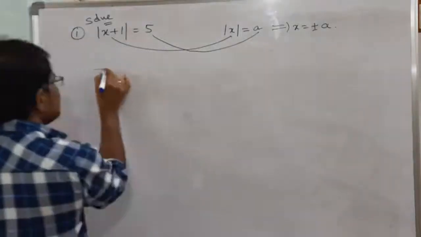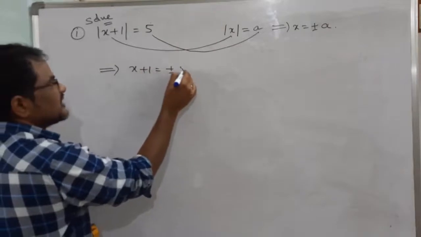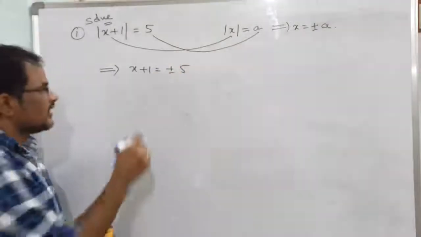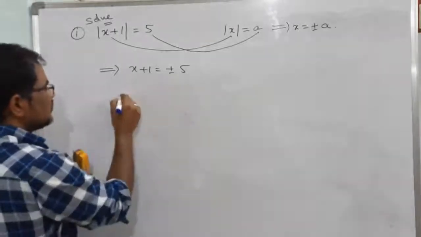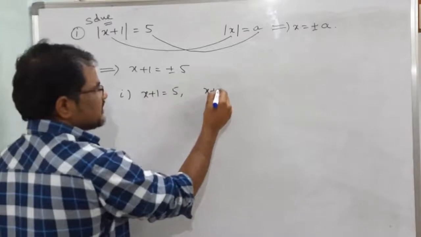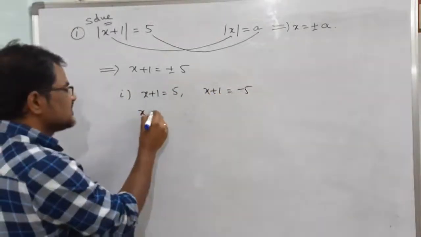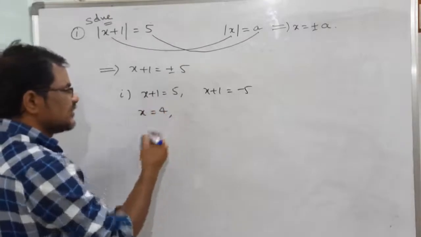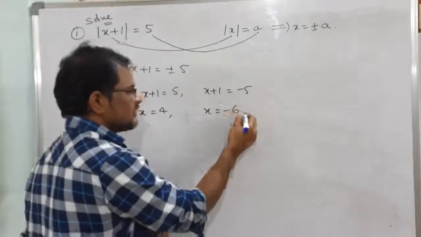What will we get? That implies x plus 1 equal to plus or minus 5. That implies there are two cases. One is x plus 1 equal to 5, the other x plus 1 equal to minus 5. Now x equal to, if you bring this side here, we get 4. And here x equal to minus 6.